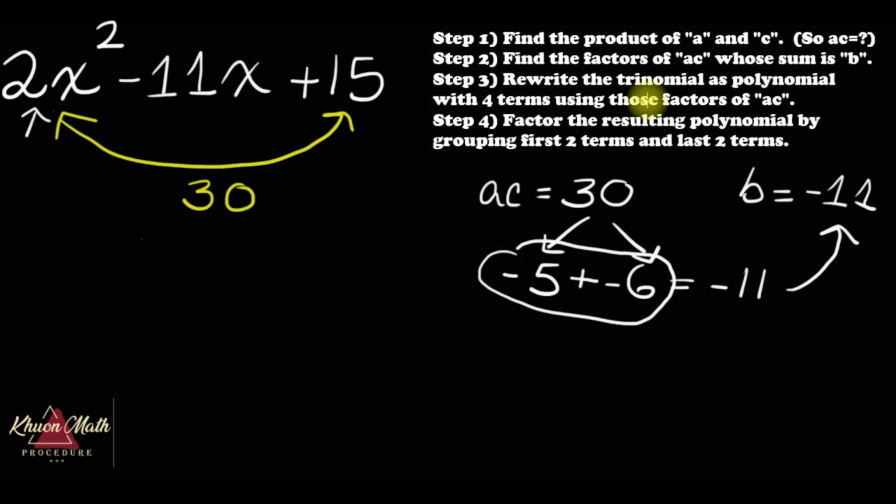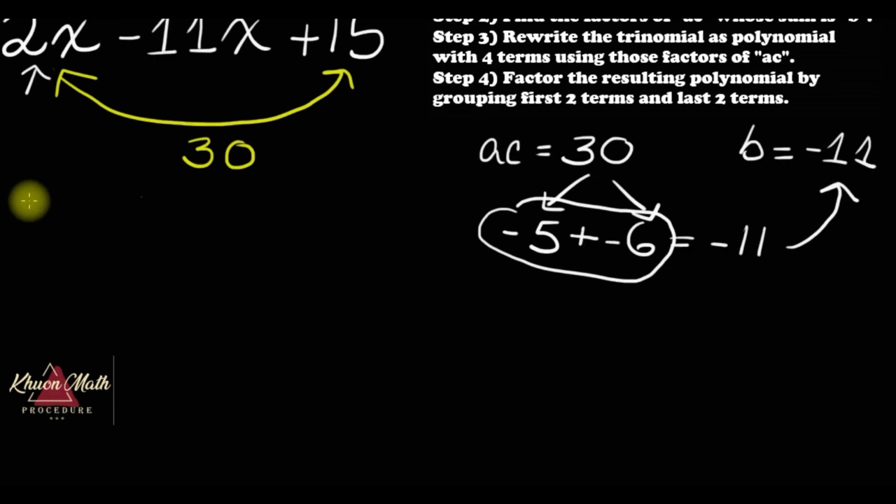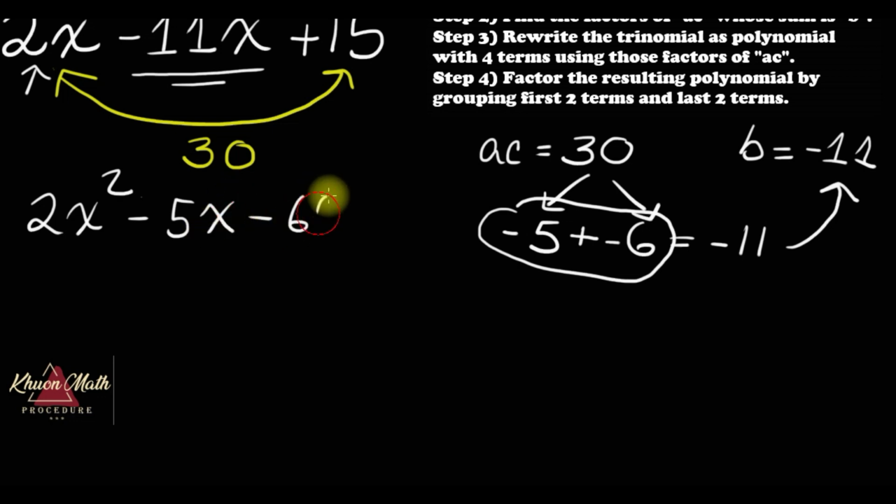Now step 3 is to rewrite the trinomial as a polynomial with 4 terms using these factors of AC. So we keep the 2x squared. We replace negative 11x with the two numbers, negative 5x minus 6x.